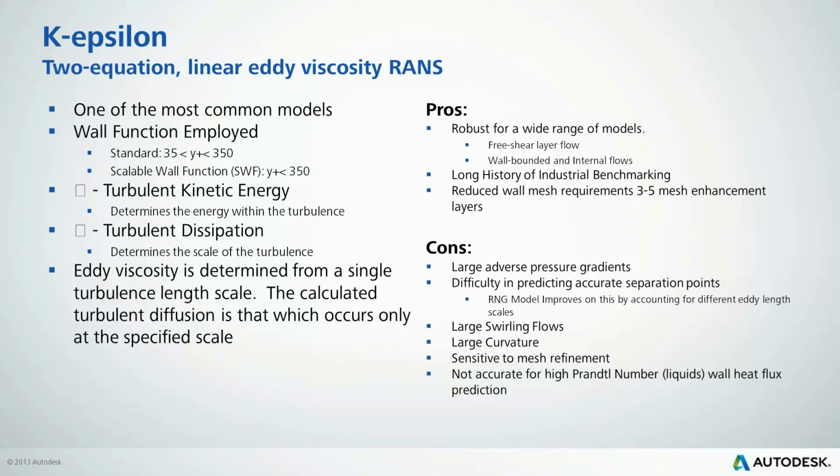Another negative that I see a lot is mesh sensitivity. If you ever had a case with myself or Apollo where you're trying to model just a straight tube, we start talking about K-epsilon and how you need to really monitor different wall function concepts. Now we start talking about wall functions.